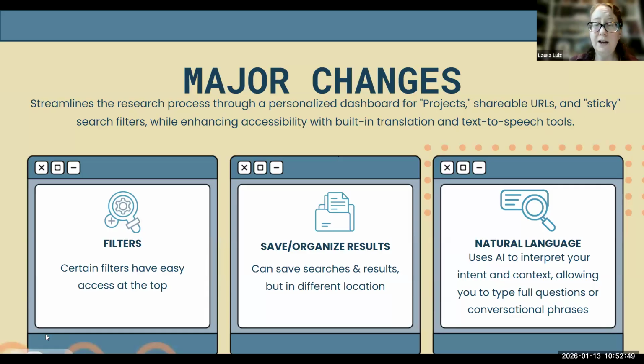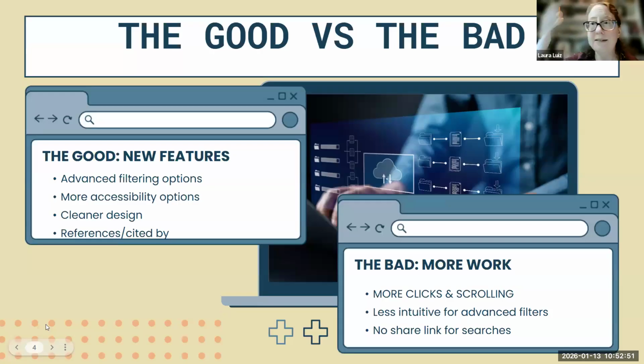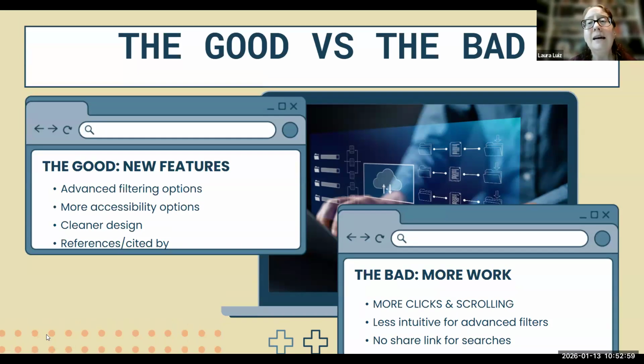But let's talk a little bit about the good and the bad, and then we'll actually get into the database. Some of the things that the librarians like is that it does form the student's point of view. It makes some things more intuitive and easier for students to see and grasp on their own, to be able to do certain filters. It does make it more accessible, like the screen reader is nicer.